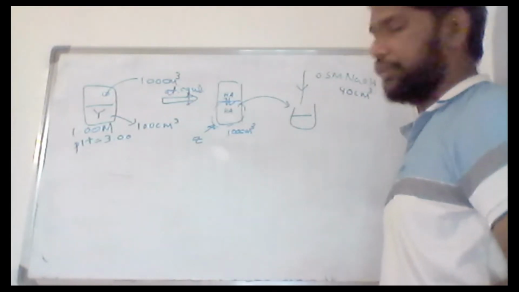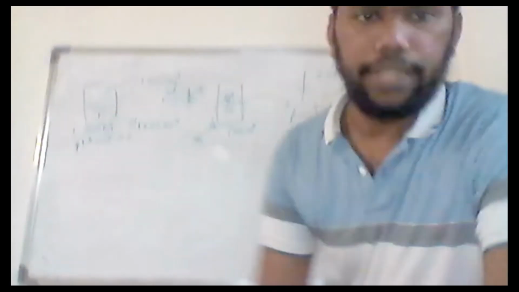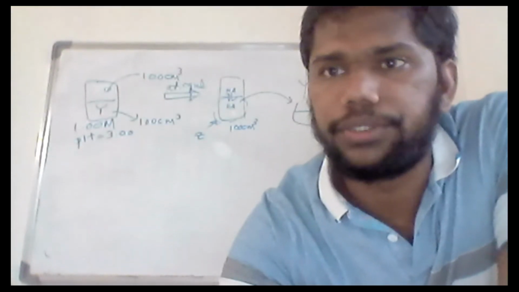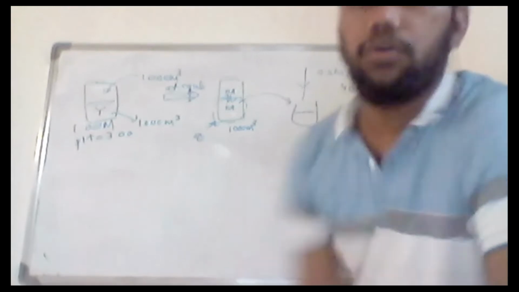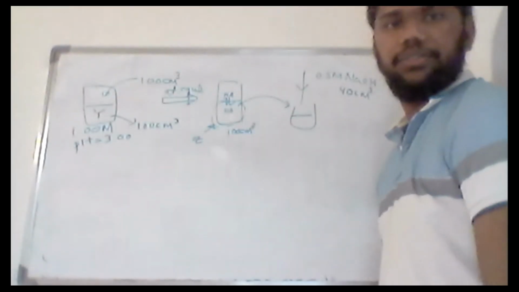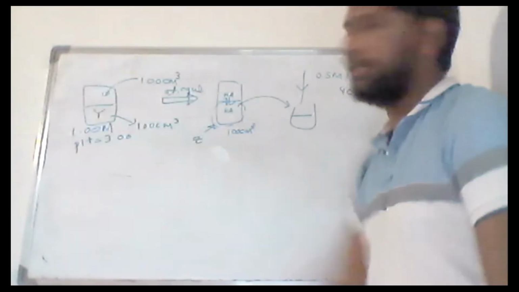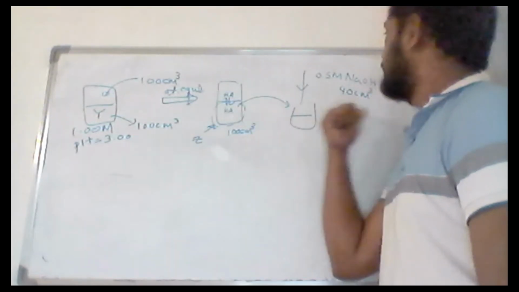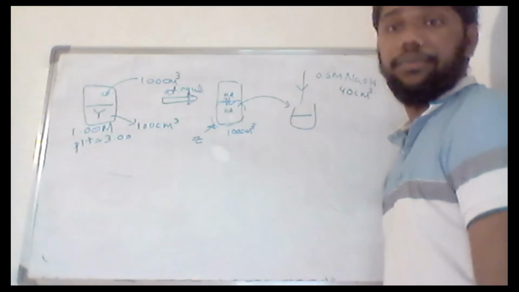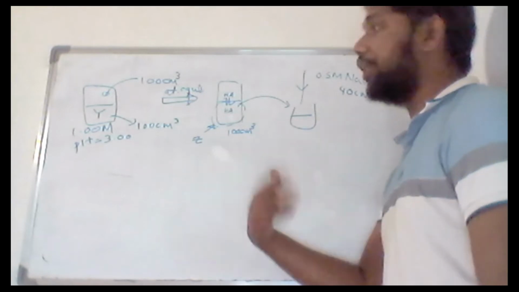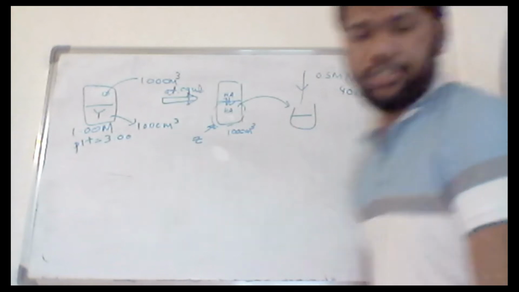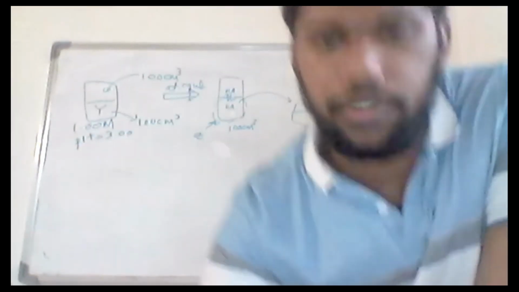Okay, so this is the story. You have the initial condition, this is at equilibrium, and this is 25 cubic centimeter from the equilibrium aqueous solution, titrated using this. Then we will discuss the question.